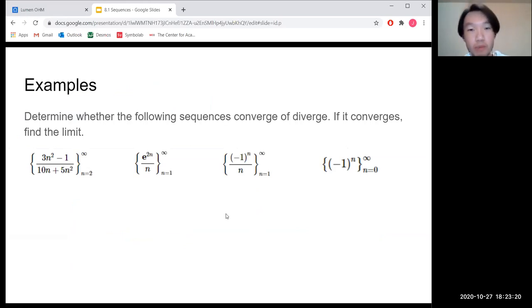Okay, so here are some typical questions that you'll see when you're doing questions in this chapter. You'll find these in your homework, and you'll probably find similar questions on the exam as well. So let's try to do these.